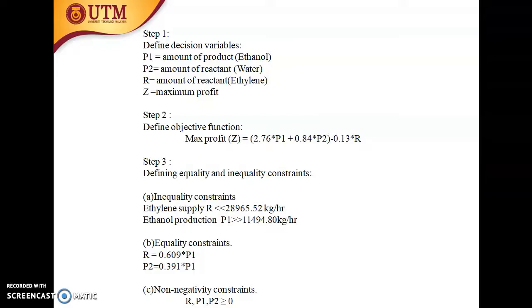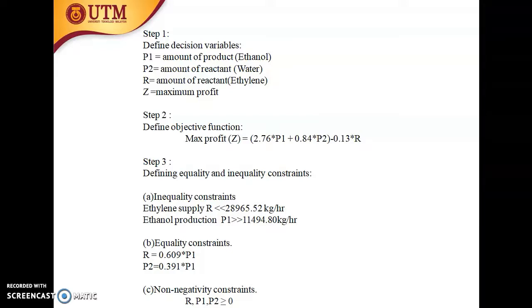Then step 2 is to define the objective function. As can be seen, the max profit function. Then step 3 is defining equality and inequality constraints. First, the inequality constraints: ethylene supply R must be less than 28965.52 kilo per hour, while ethanol production P1 must be more than 11494.80 kilo per hour.